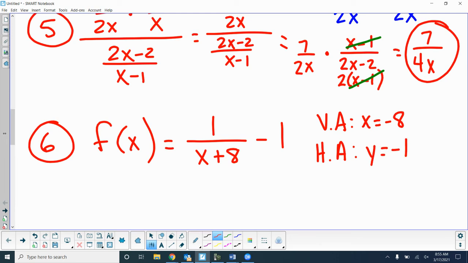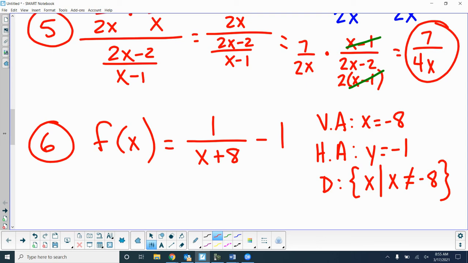Domain goes with your vertical asymptote, because that's your x's, right? Range goes with your horizontal asymptote, that's your y's. So the domain, if you do it like you're supposed to, write it all out like this. But if you just write x cannot equal -8, that's okay.